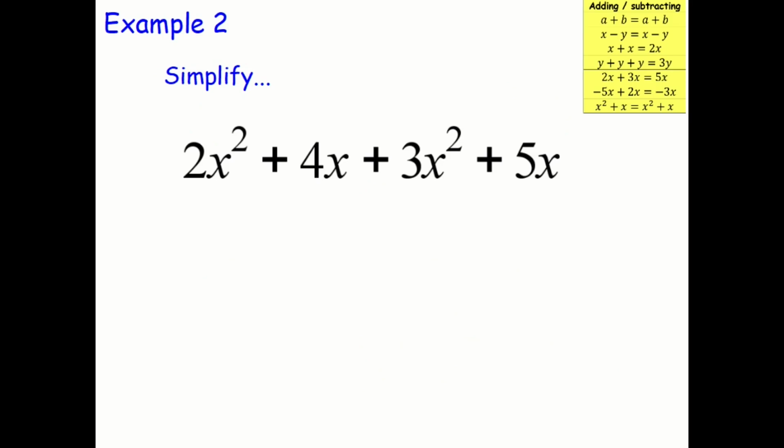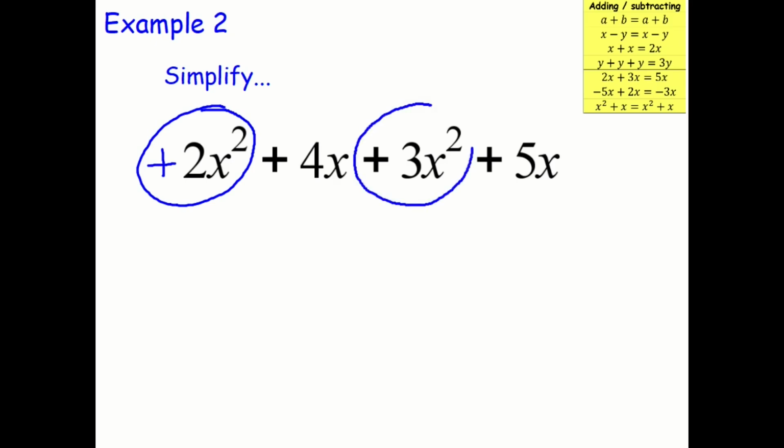Example number 2. Simplify 2x squared plus 4x plus 3x squared plus 5x. So in the first video, we talked a lot about like terms. So what are the like terms here? Well, we've got an x squared here, and that's a plus, and an x squared here. They are your like terms. They are not like or similar.